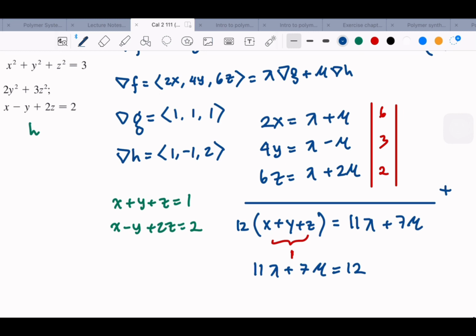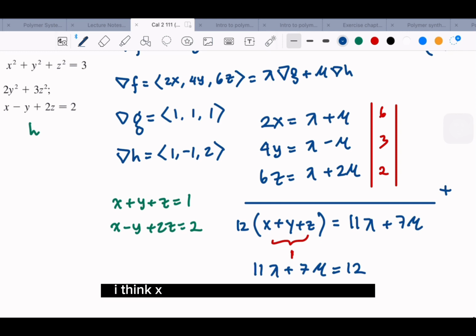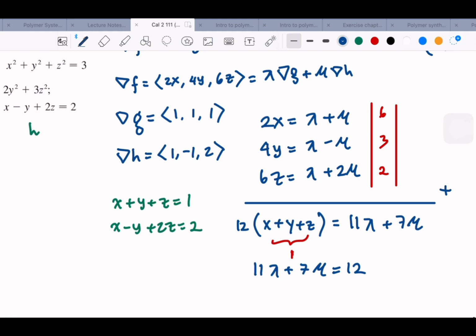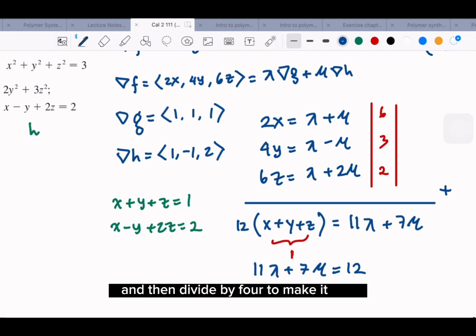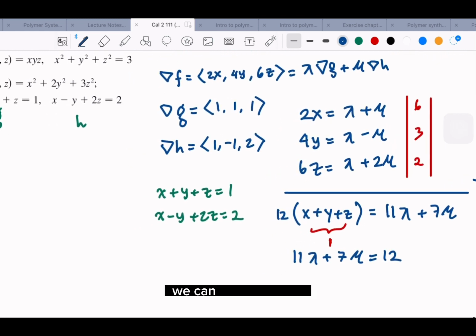Okay, and then the second one is a little bit tricky, so we need to do it one by one. For x, we just divide by 2, for y, multiply with negative and then divide by 4 to make it y, and then z divide by 3, and then add using the same particular method. This method is actually one we can correlate with the Gaussian matrix, but I will just do it manually.